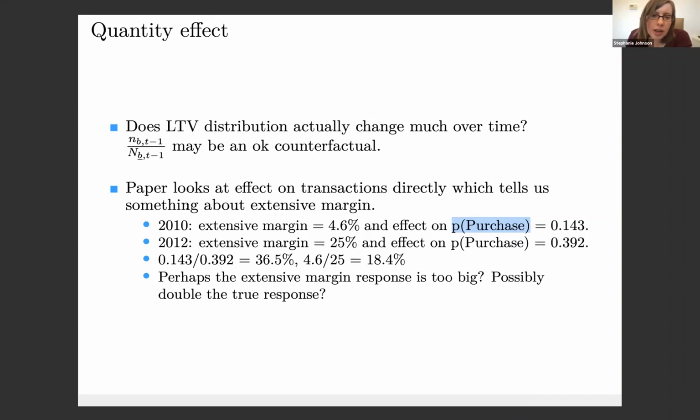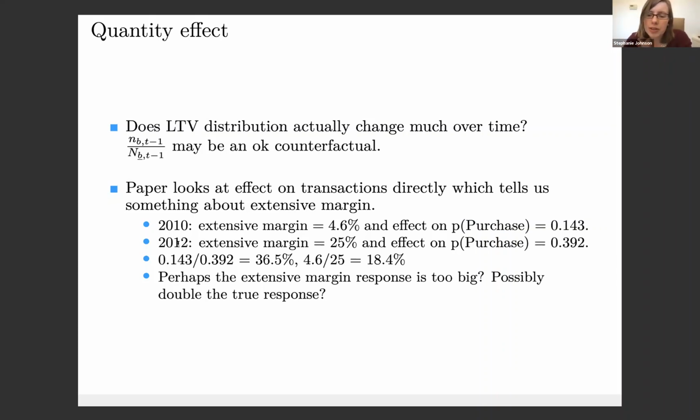And so, trying to compare the results on the home purchase probabilities with the extensive margin effect in the quantity analysis section, it looks like the extensive margin response is like 5 times as big between 2010 and 2012, so it's a lot bigger.